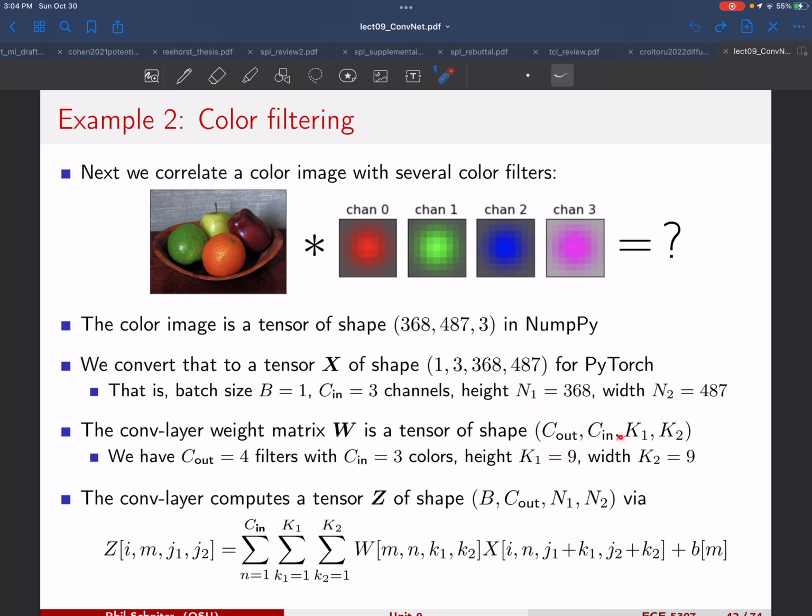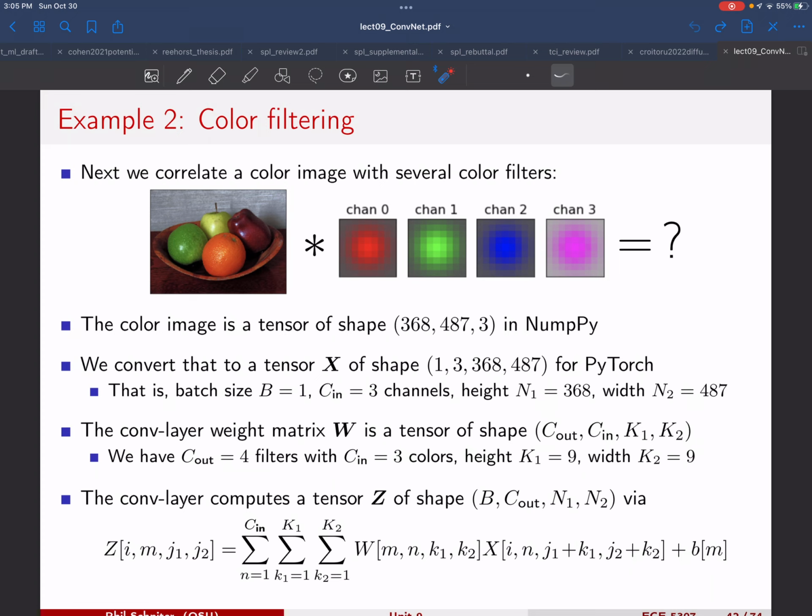And as a convolutional layer, it has a spatial extent of K1 vertical and K2 horizontal pixels, and for that we're going to choose 9 by 9. You can see that here, there's 1, 2, 3, 4, 5, 6, 7, 8, 9 pixels each way.